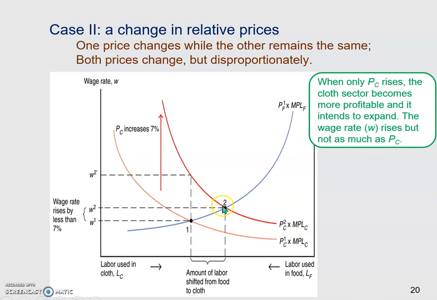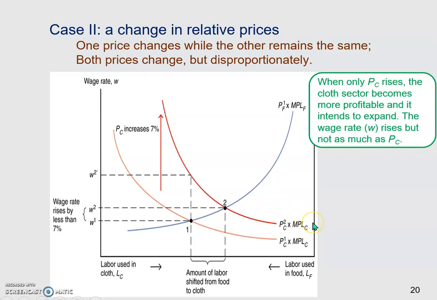When we have more labor but a fixed amount of capital, the labor productivity will decrease. So, when we shift up this labor demand curve, PC is going to be 7% higher, but at the same time, MPLC, the marginal product of labor in cloth, would decline.